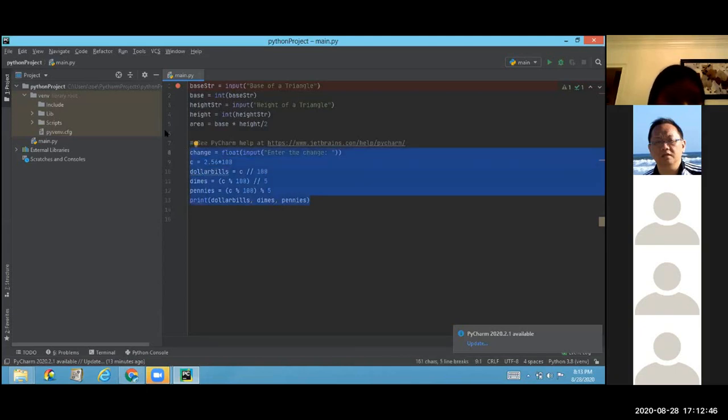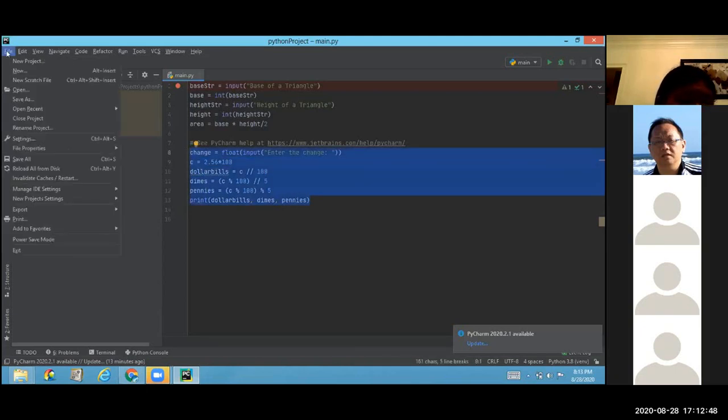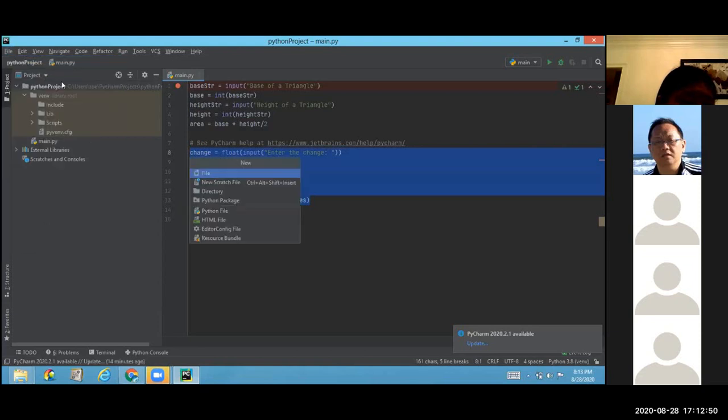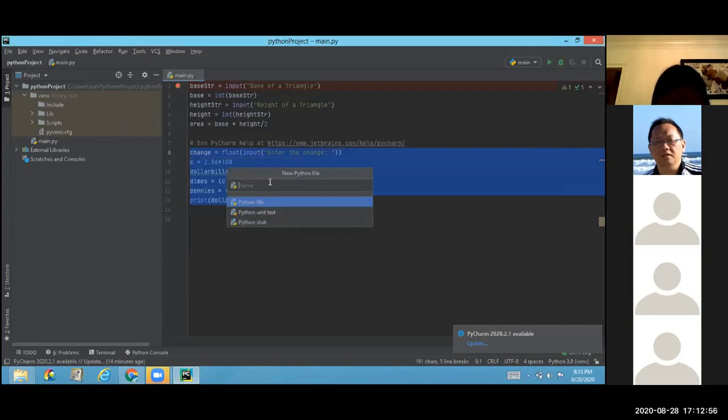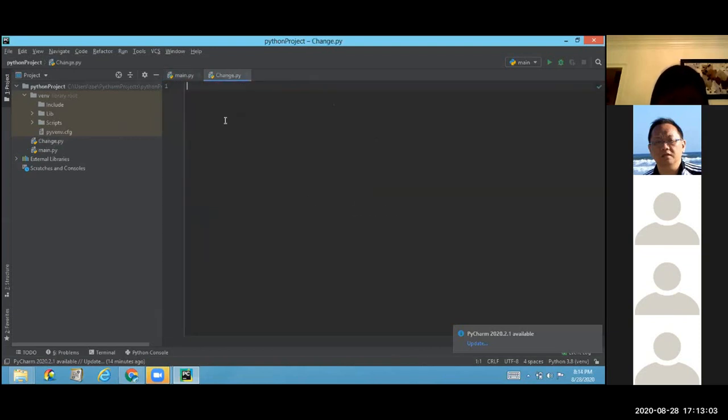Create a new file first, and then copy. New file, Python file. Yeah, it's called change. Yes, and then copy this one to there. Go to main. Copy that one. Yes. Is that okay?